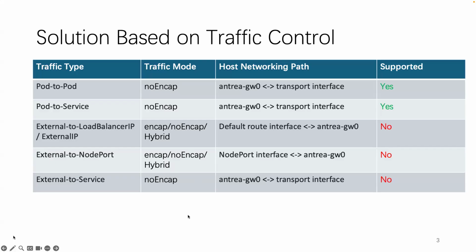Hi, Hongliang. For the first two cases, assuming the destination is on a remote node, how do we get the node's MAC address? You mentioned it knows the MAC address. Yes, I know what you mean. We do this in Windows.